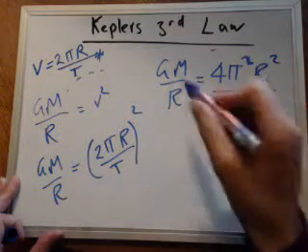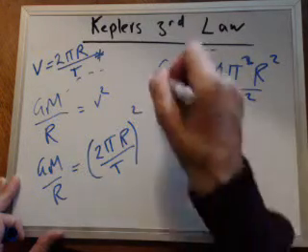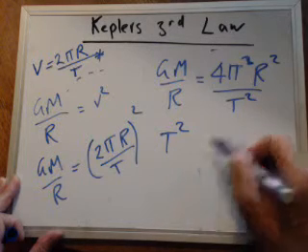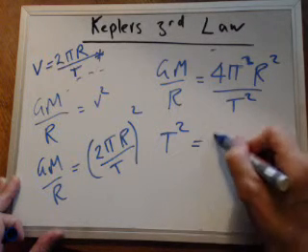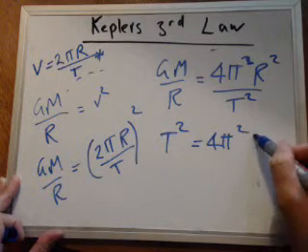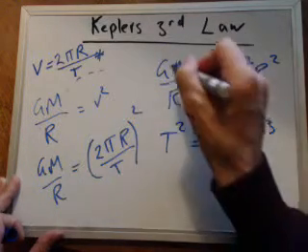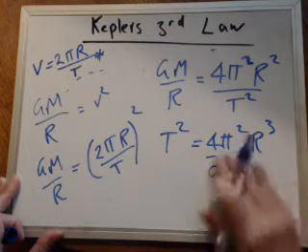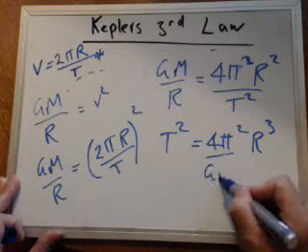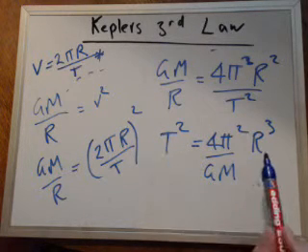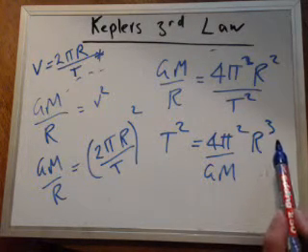And then we're going to rearrange that so T comes up, so T squared times r equals 4 pi squared r cubed, bring the GM down, over GM. So here we have a relationship between time period and radius cubed.